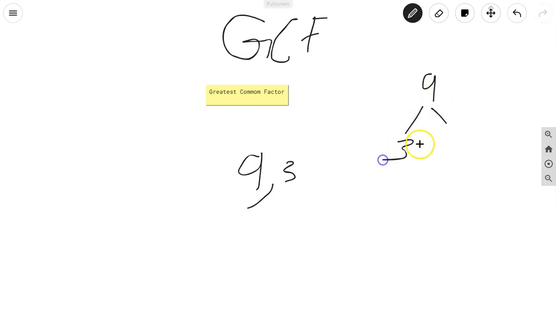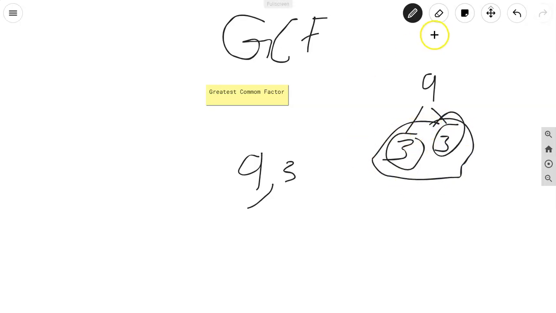Like let's say the prime number that is divisible by 3 is 3. And what is 9 divided by 3? 3. Another 3. And since we finally got 2 prime numbers, the factorization ends.